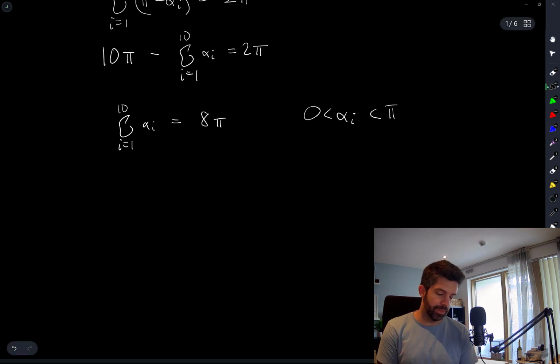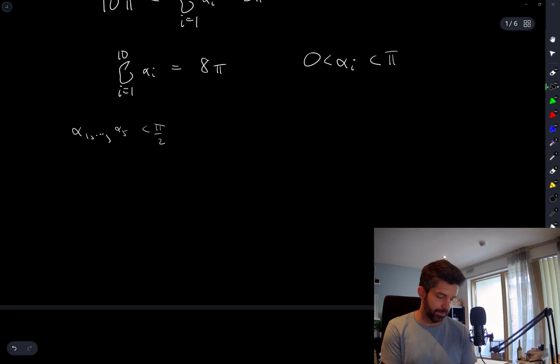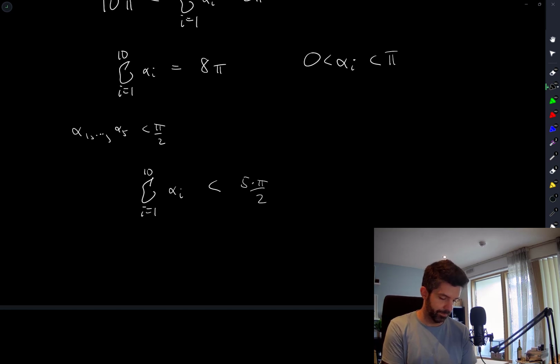So if I have 5 that are less than pi over 2, suppose alpha 1 up to alpha 5 are less than pi over 2. Then the sum, i goes from 1 to 10, of alpha i is less than 5 times pi over 2 plus the sum, i goes from 6 to 10 of alpha i.